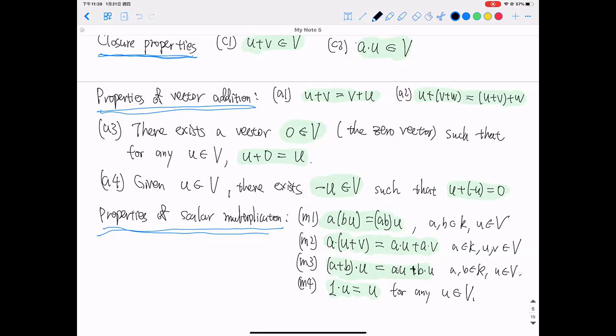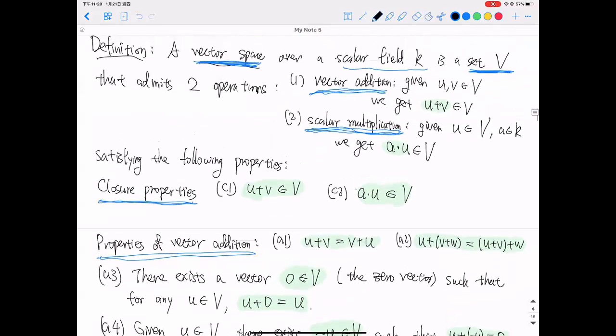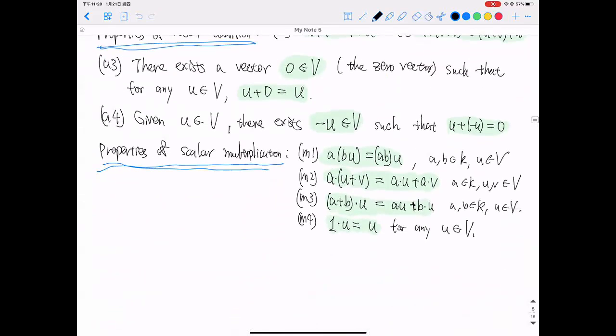Okay, so we basically defined vector spaces as a class of sets, certain kinds of sets with 2 operations endowed on them, satisfying a list of properties. Now, before we go to examples, we'll just make some obvious observations.